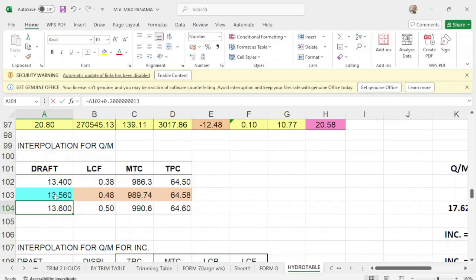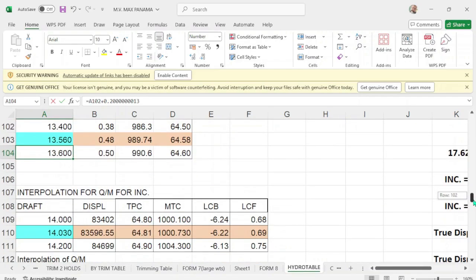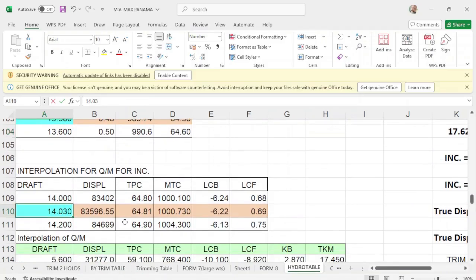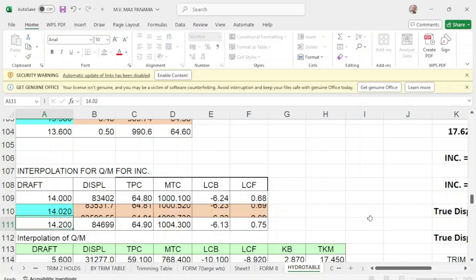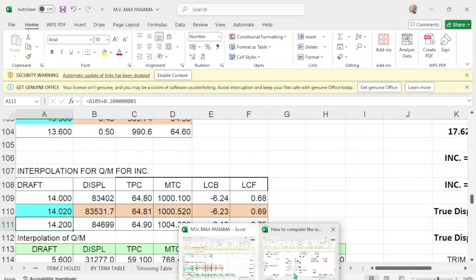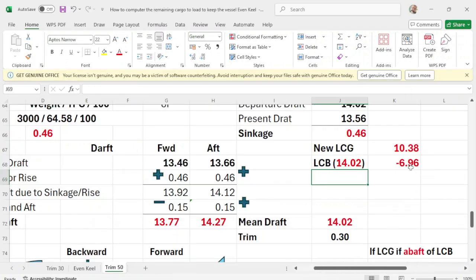Okay, LCB, there are LCBs there. Okay, 14.02. Your LCB is negative 6.23. So negative 6.23.